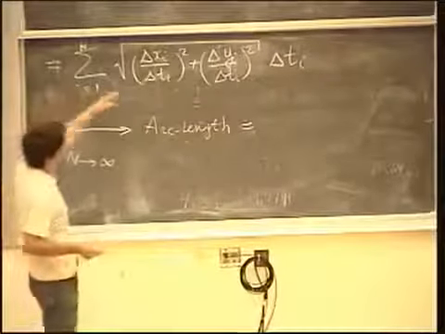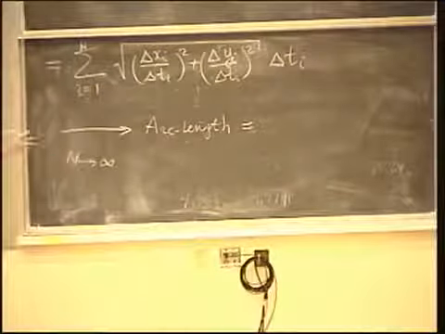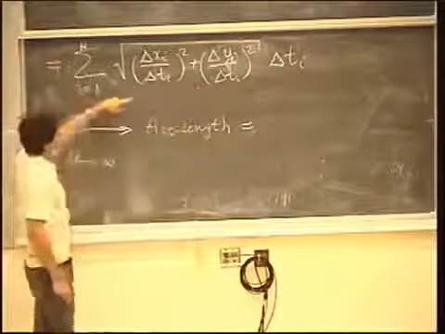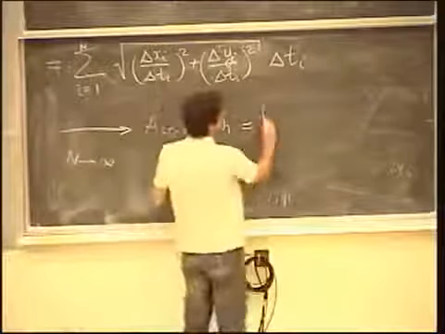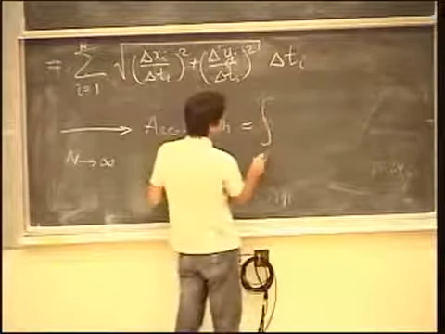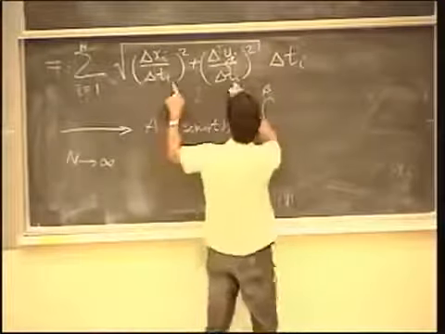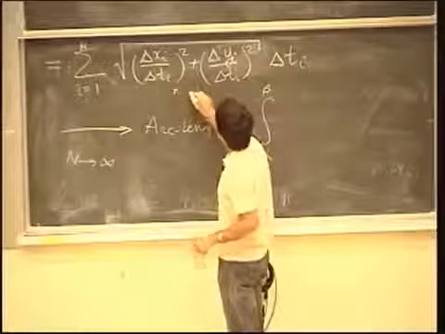And so if you remember how the integral in one variable is defined, this is really going to be an integral in one variable because it's just a summation in one variable. So this is going to be precisely what we call the integral from t equals alpha to t equals beta, which are the endpoints, of this expression in which you substitute, instead of delta x, delta t, dx, dt.